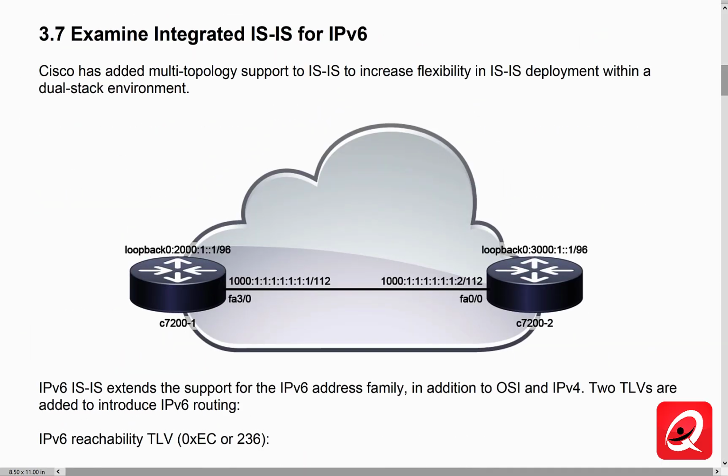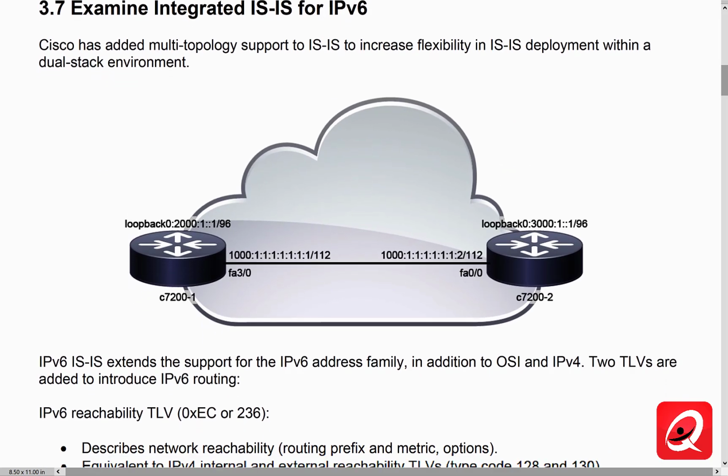All right, so the last thing we'll talk about in this section is how do we integrate ISIS for IPv6? It's quite simple, actually, because guess what? ISIS is a layer 2 protocol, so it already has the ability natively built in to integrate with IPv6. We support the IPv6 address family configuration.